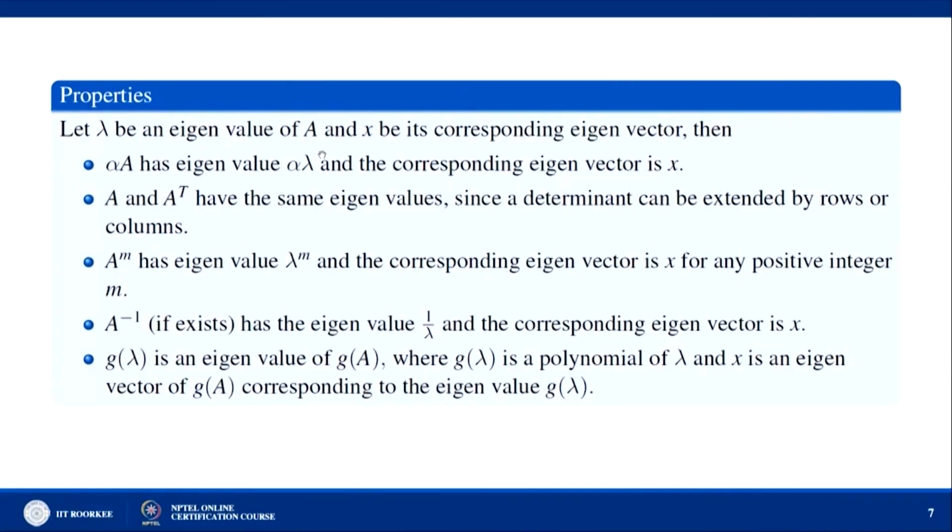Now, if lambda is an eigenvalue of a matrix A and x is a corresponding eigenvector, then we have the following properties. It is very easy to see these properties. If A has eigenvalue lambda and the corresponding eigenvector is x, that means Ax equals lambda x.